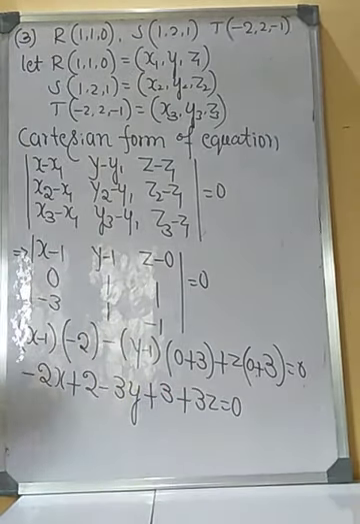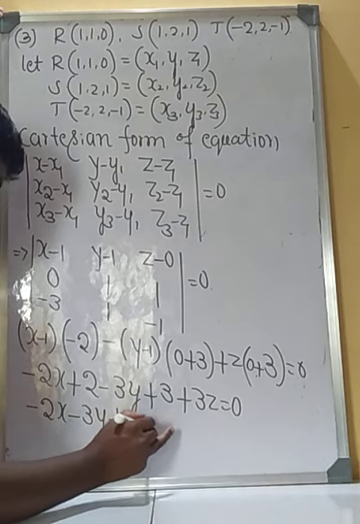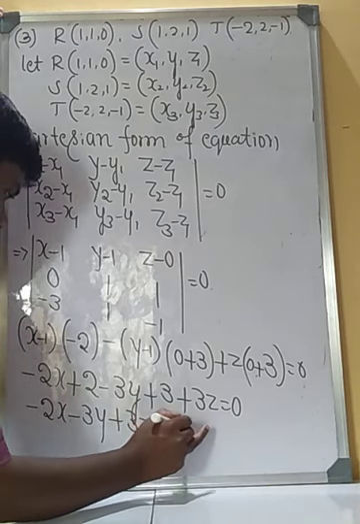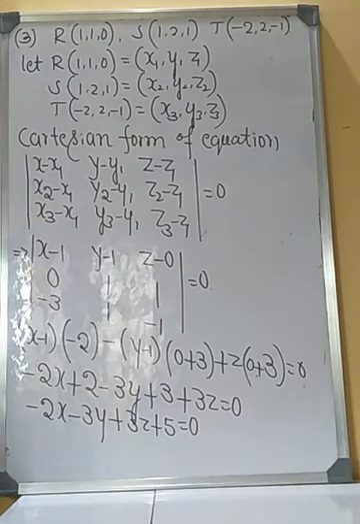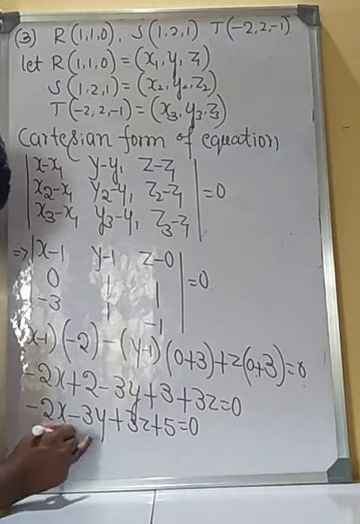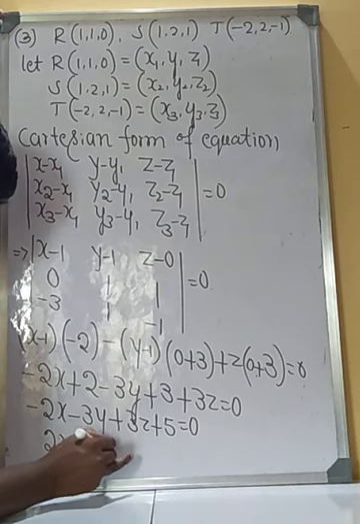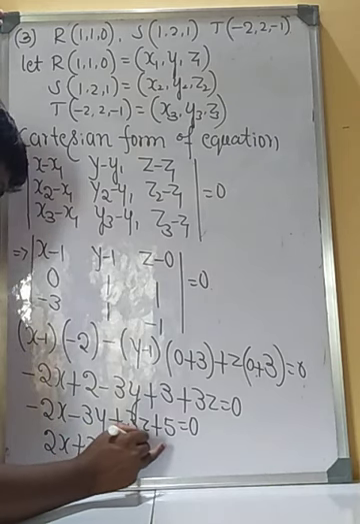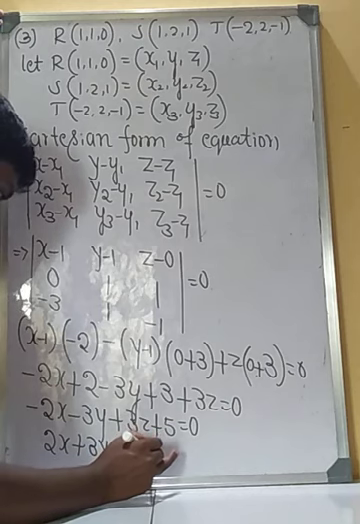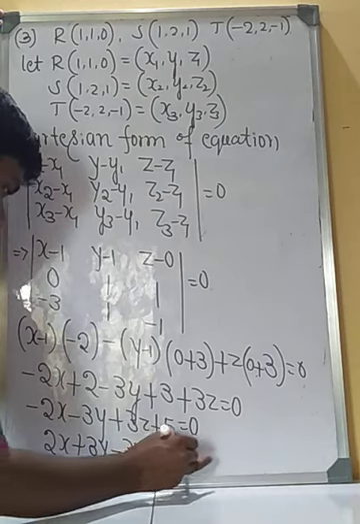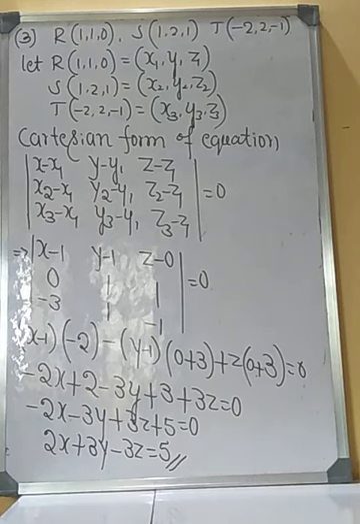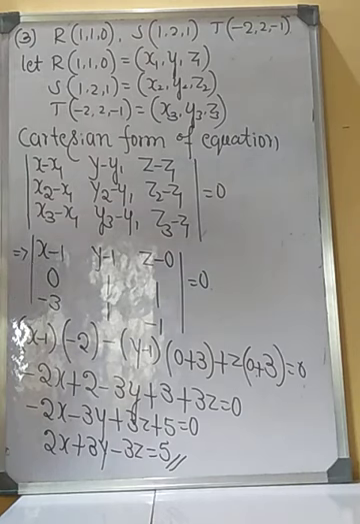Therefore -2x minus 3y plus 3z plus 5 equal to 0, that is 2x plus 3y minus 3z equals 5. So this is the Cartesian form of the equation of a plane. Okay students, stop here. We'll continue in the next class.